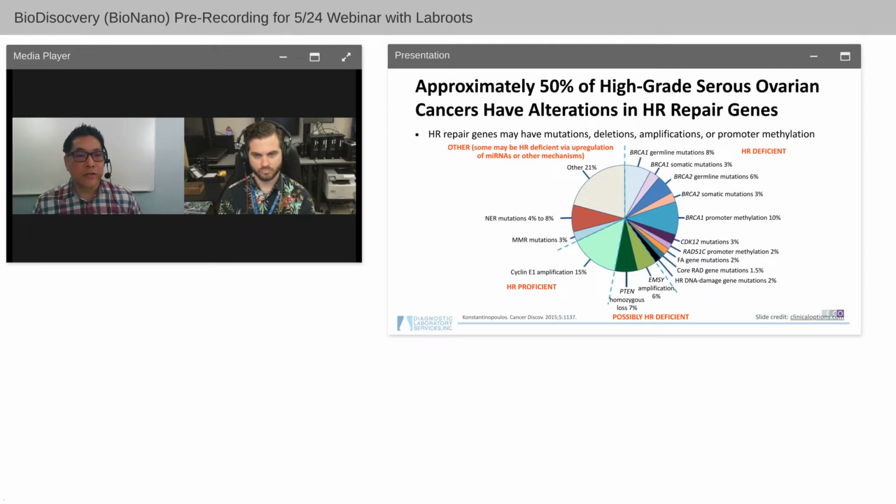So just looking at single nucleotide changes, indels, and copy number changes isn't able to solve all of the ability to detect HRD. In particular, if you look at this area right here, which I can't point to, for BRCA1 and 2 promoter methylation, epigenetics is also a method in which HRD states can be achieved that can't be detected by standard NGS platforms.